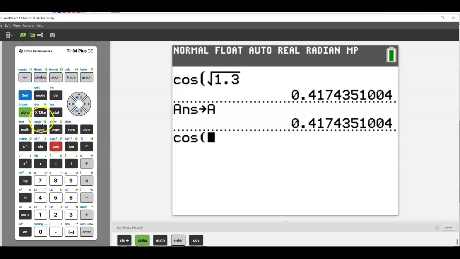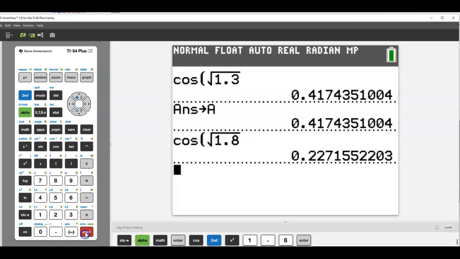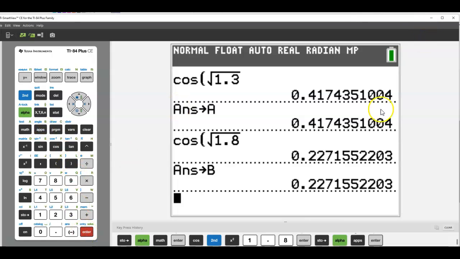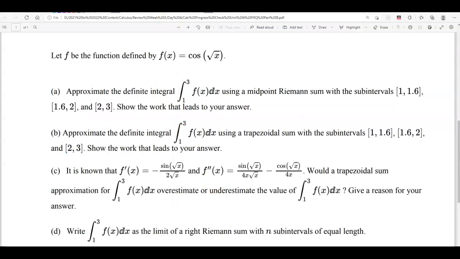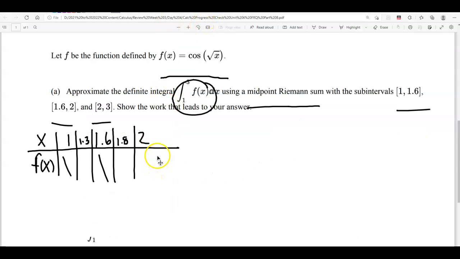So let's do cosine of the square root of 1.8. And we're going to store that under something else. So store that as alpha B. Okay? And so now when I come back to my work here, we're going to just put A here and B. Now, on a real FRQ, you would have to actually write down on your paper somewhere what those equal.